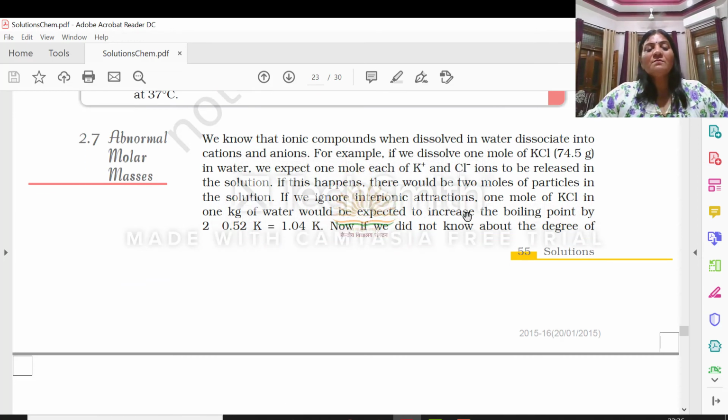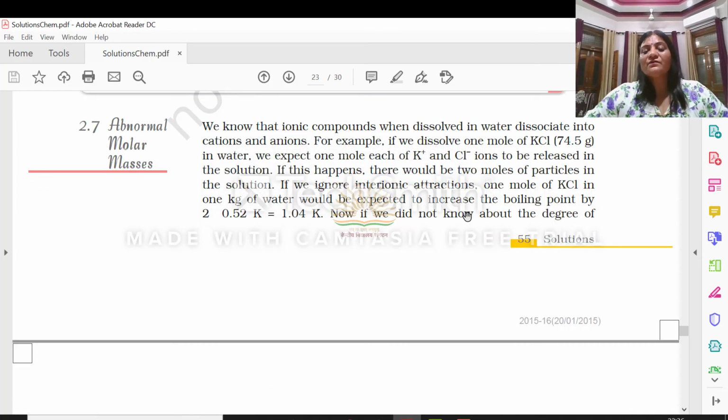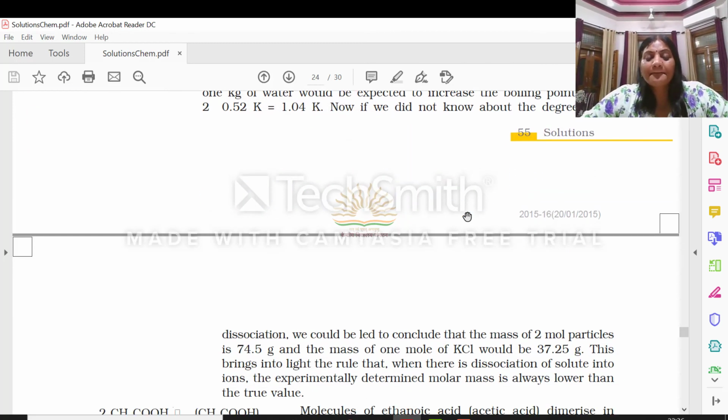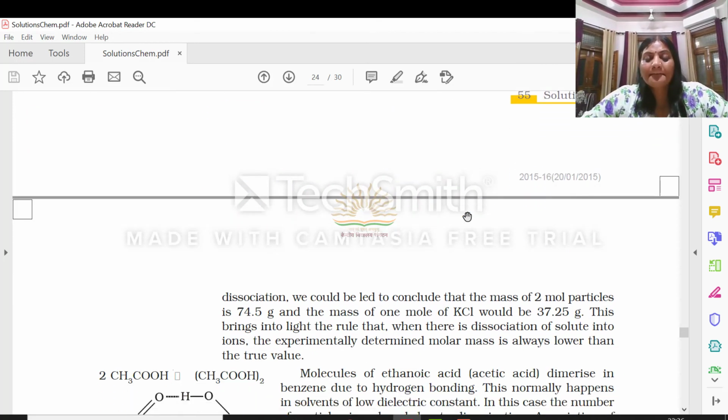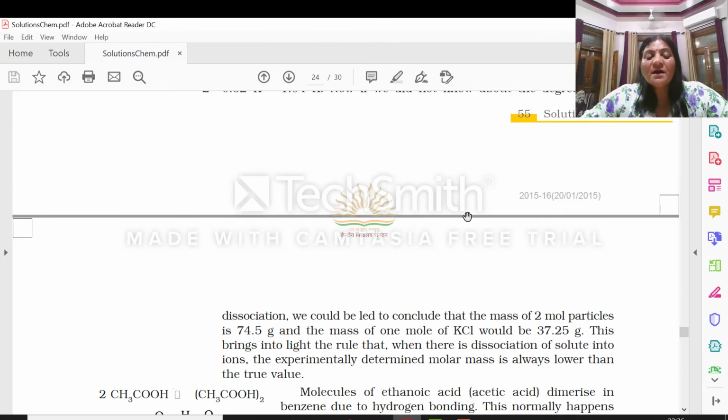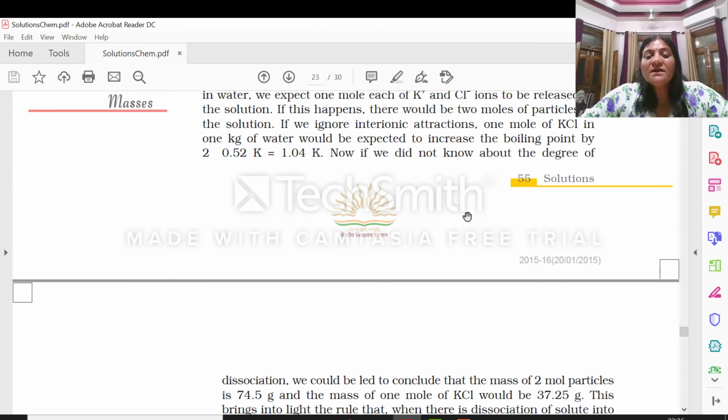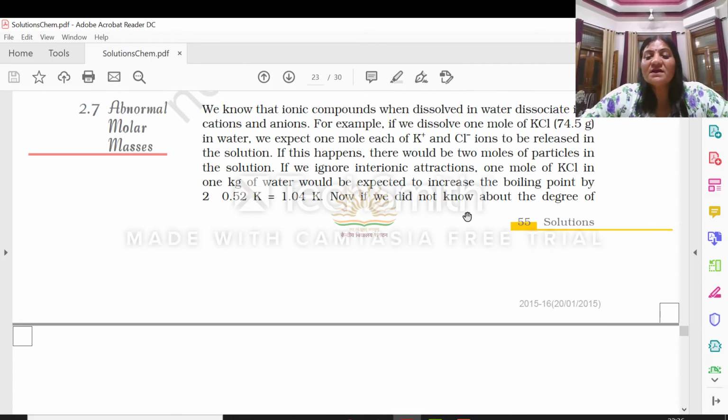Now, abnormal molar mass, or van't Hoff factor. The abnormal molar mass situation arises when the solute particles either dissociate or associate in the given solution. Now, I am taking the example of KCl from the NCERT textbook.